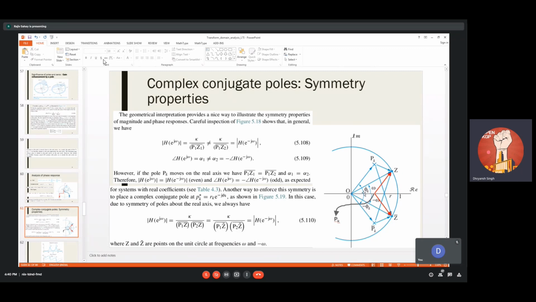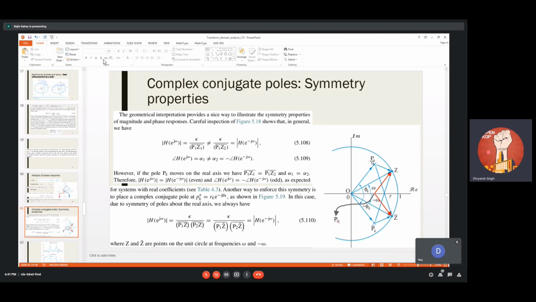So if you think about this, there are two poles in the system function. So the magnitude of the frequency response will be written as kappa divided by P1z into P2z. That is equal to kappa divided by P1 Z bar into P2 Z bar.